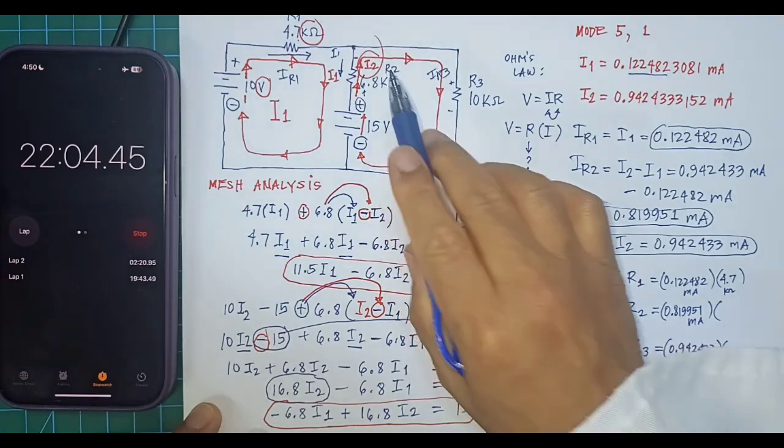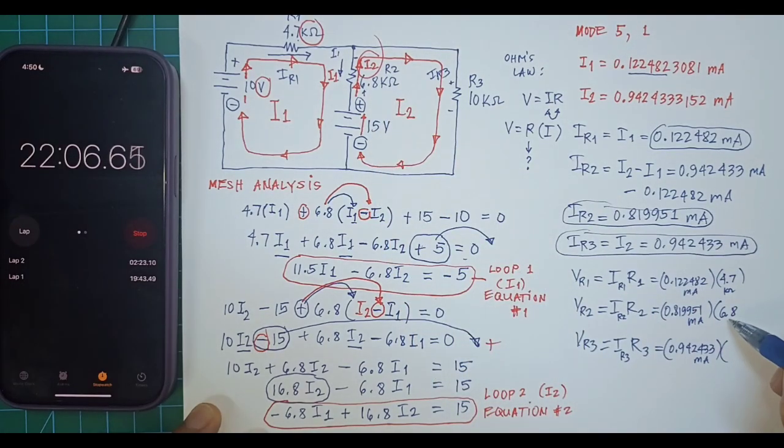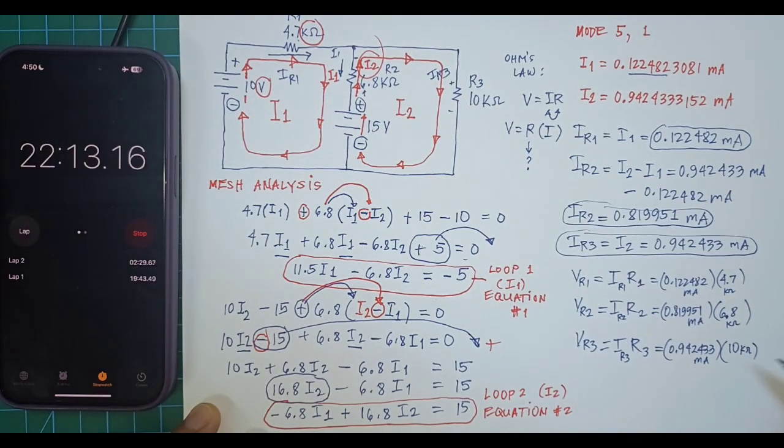We'll multiply it with R2, which is 6.8 kilo ohms, and we will multiply it with R3, which is 10 kilo ohms, and you will get the answer for the voltage.